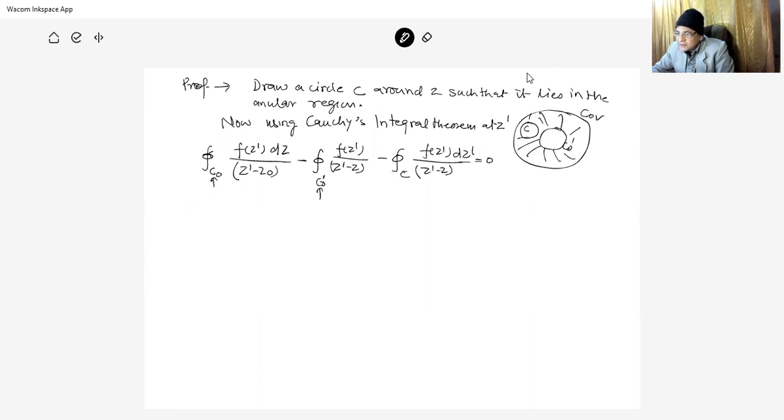So with this, the integral function is 0.